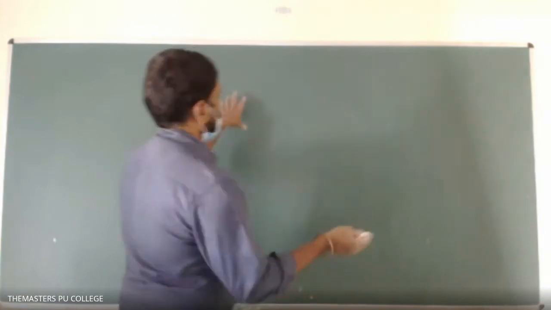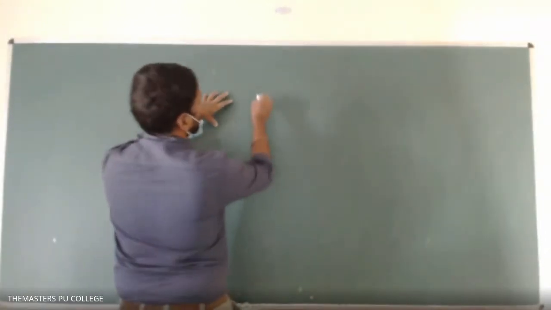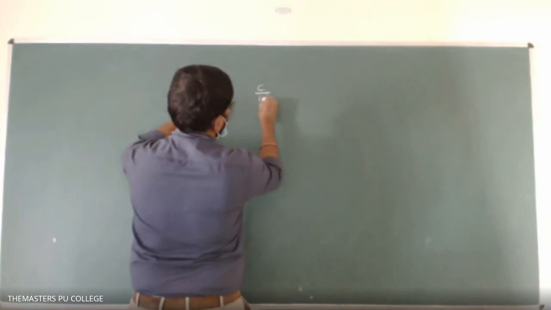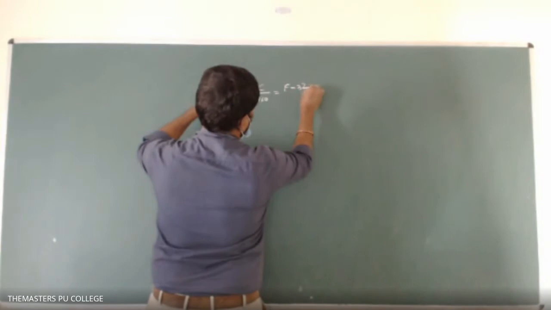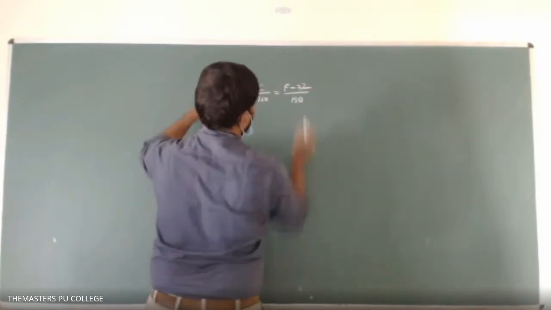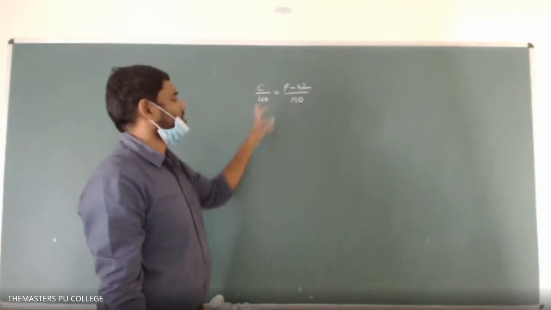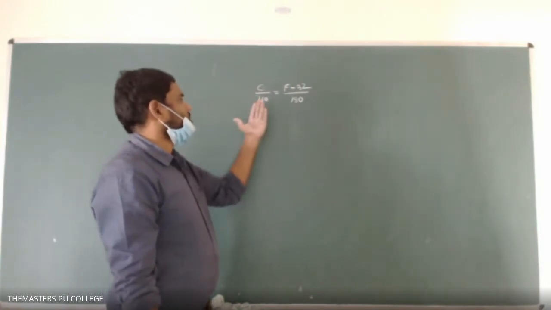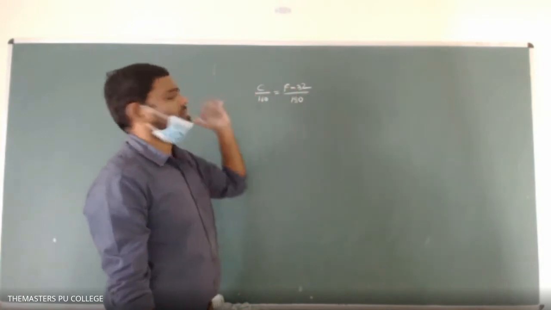Earlier we derived one common relation. From that I can take C by 100 equals F minus 32 divided by 180. This is a relation which is used to convert the temperature either from degree centigrade to degree Fahrenheit or from degree Fahrenheit to degree centigrade.